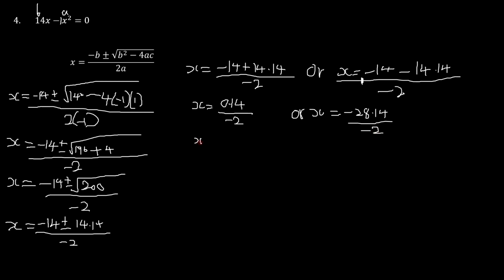X is equal to minus 0.07, or x equals, so minus 28. So minus here will cancel minus. So 28.14 divided by 2 would be 14.07.